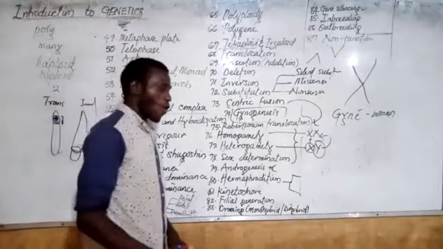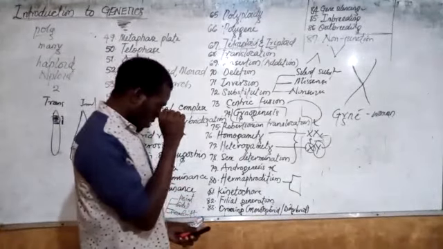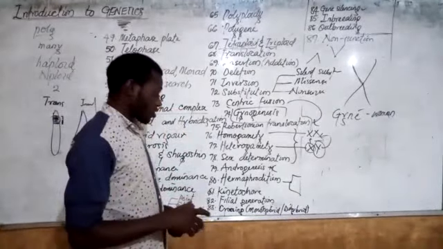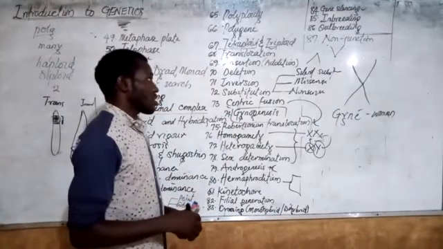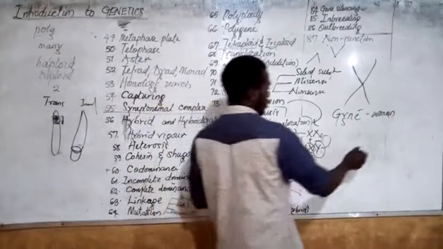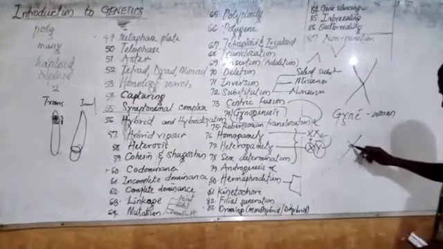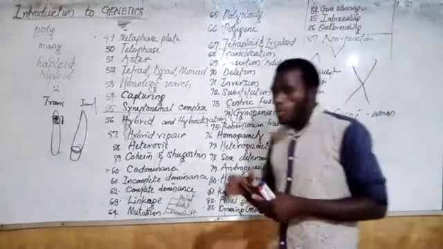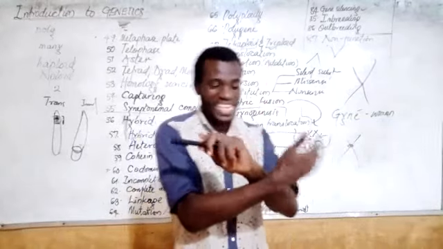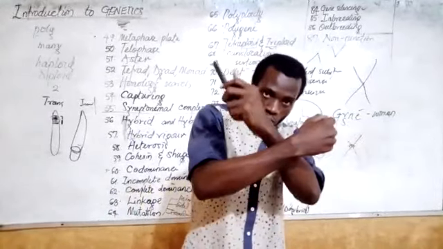Then the kinetochore. Kinetochore is just talking about the portion of the chromosome that gets attached. You see, there is a centromere. The centromere simply means the portion of the DNA sequence where those two chromosomes join together.